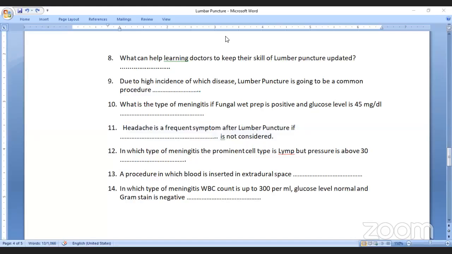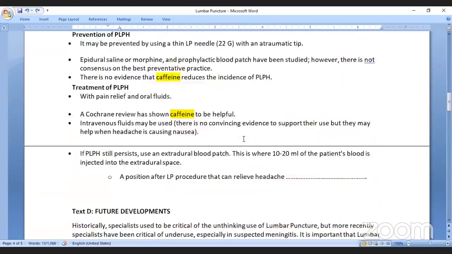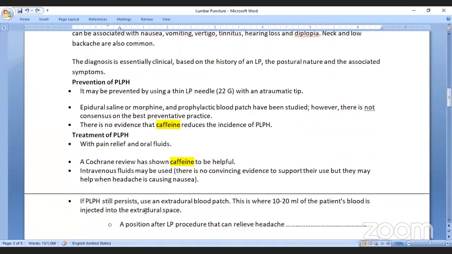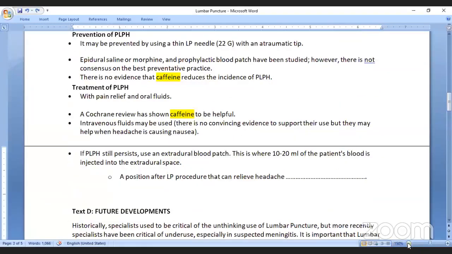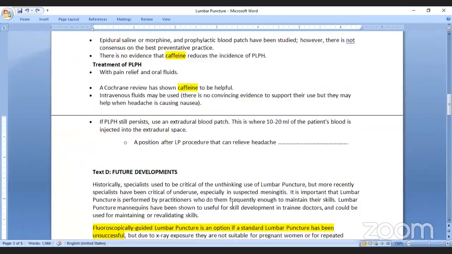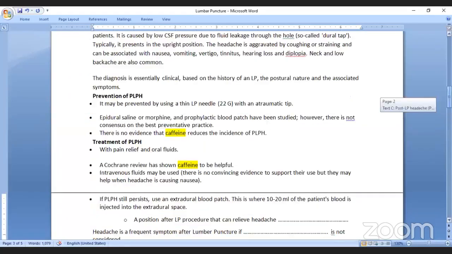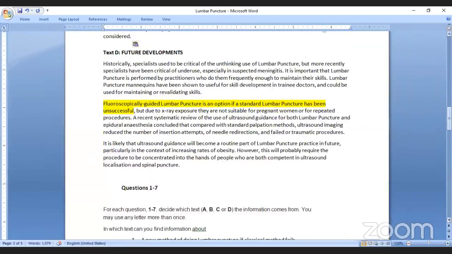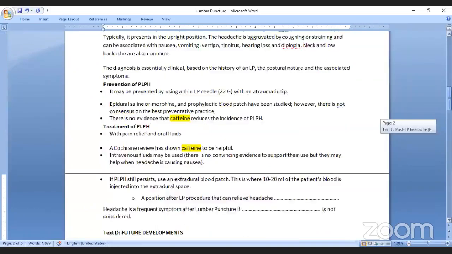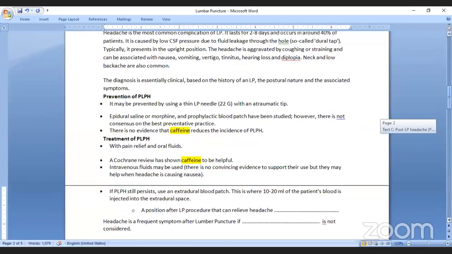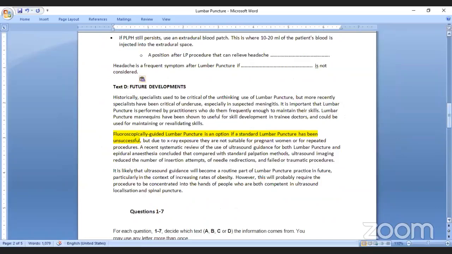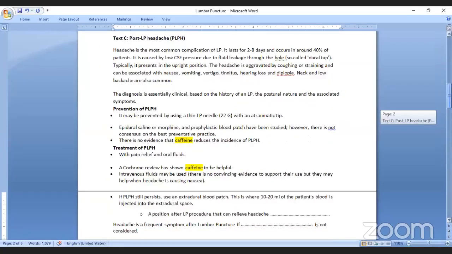Let us go first for text C. This is your question, and here is the text. Try to find the answer, please.